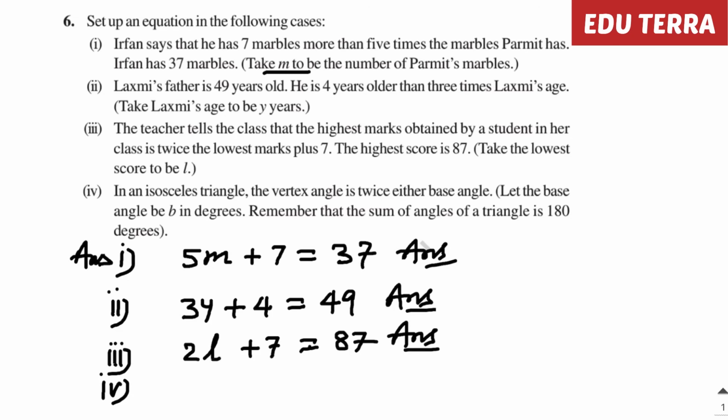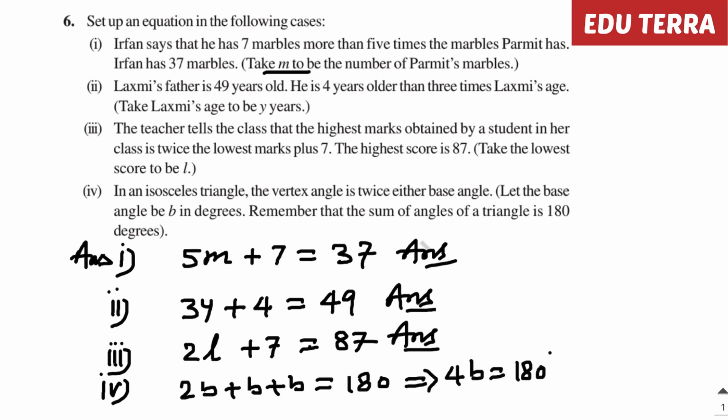So here you will get 2b plus b plus b equals 180. Solve it. This implies that 4b equals 180 degrees. It is the answer. Now here we completed question number 6.